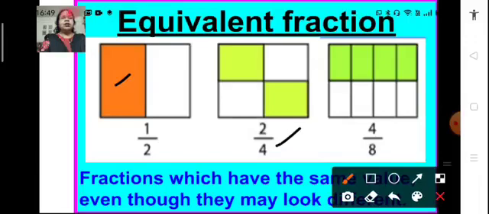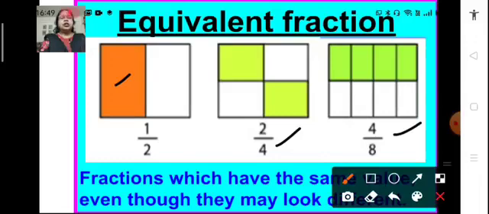In the second one, the whole is divided into 4 and two parts are shaded. So the fraction is 2 upon 4. And in the third one, the figure is divided into 8 equal parts and 4 are shaded. So the fraction is 4 upon 8.